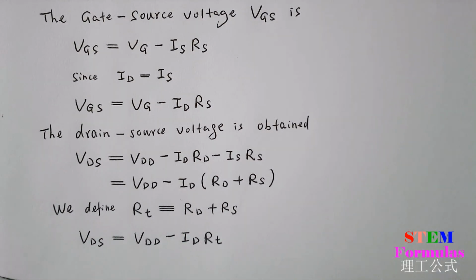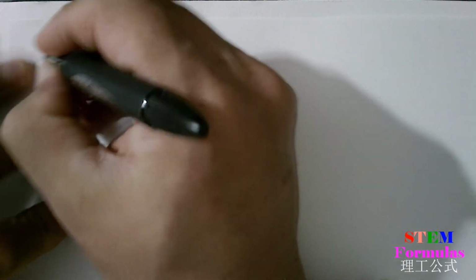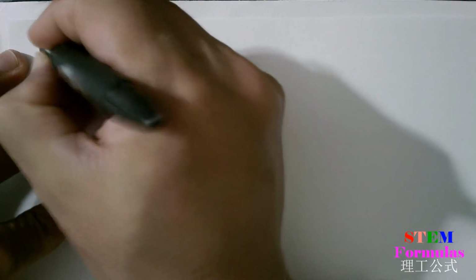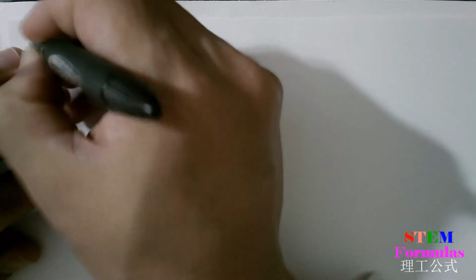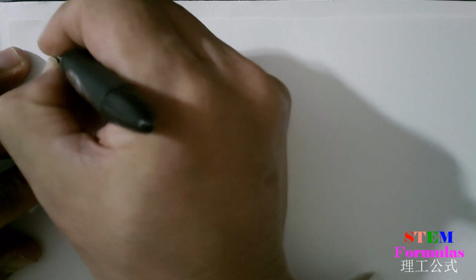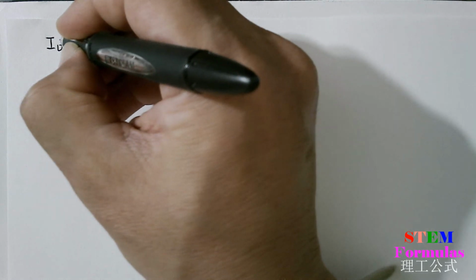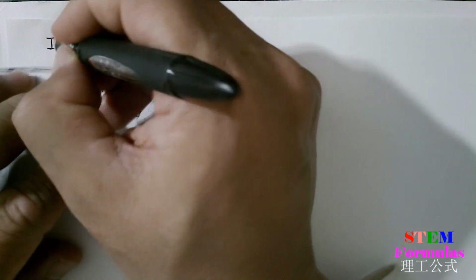Next step, we have to calculate the saturation region current and the triode region current. First, we calculate ID in the saturation region.